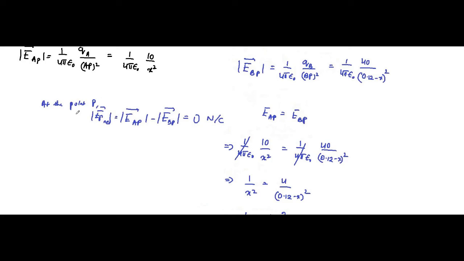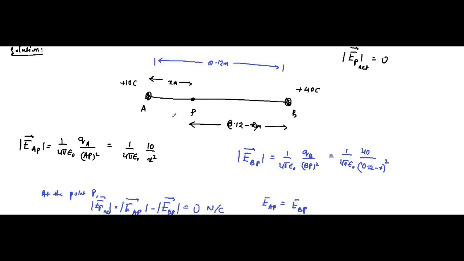So this distance where the net electric field is 0 is 0.04 meter, AP. Okay, this is the distance between the point P and A. So obviously this will be 0.08 meter, BP, 0.12 minus x.